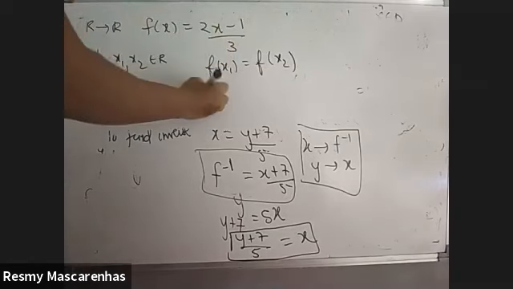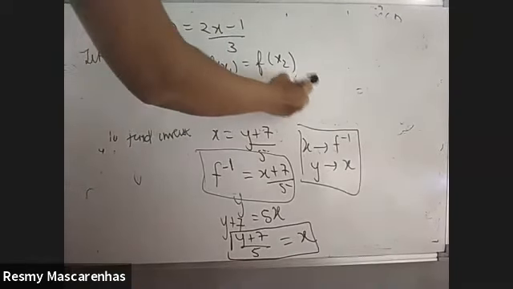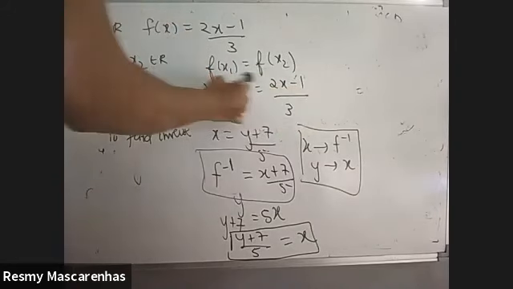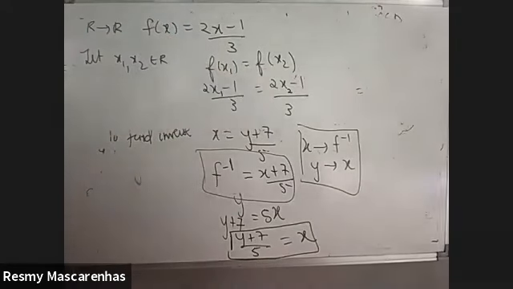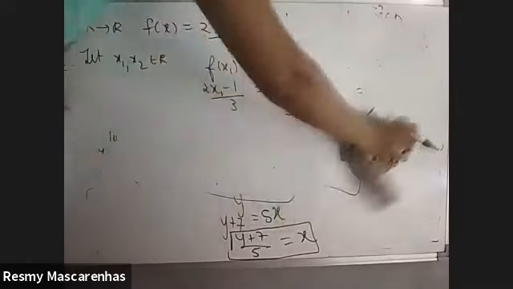So write the same function on both sides, x1 on this side and x2 on the other side. And then cancel whatever is getting cancelled and show that x1 is equal to x2.